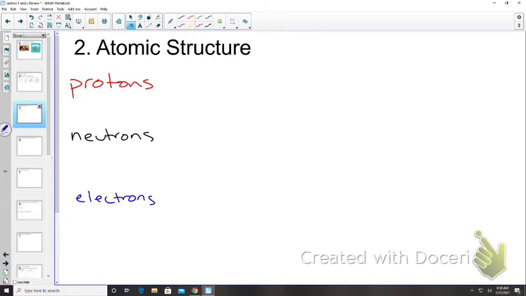Who can tell me more about protons? Positively charged. Perfect. And where do we find protons? Are they around in orbitals? In the nucleus, okay? Excellent. So protons are positive and found in the nucleus.